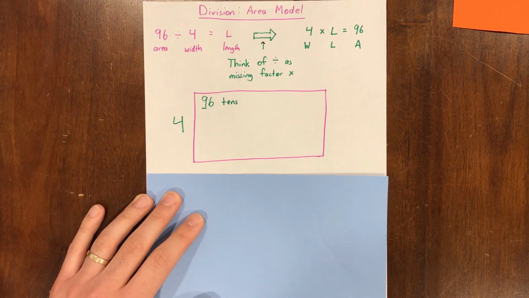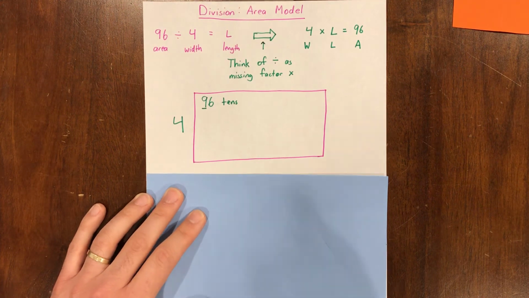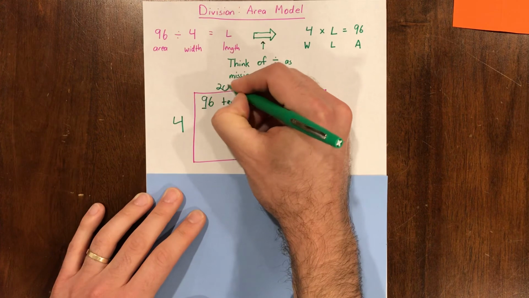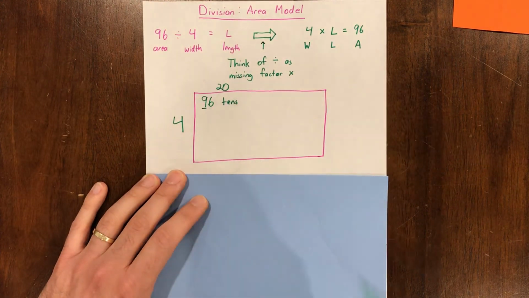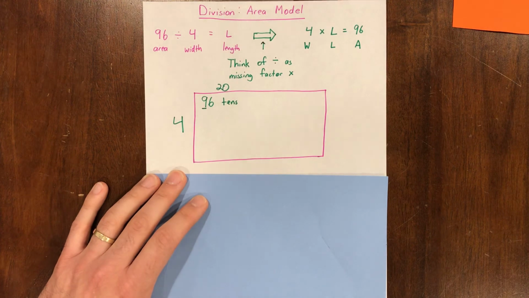Right, 20, because 4 times 20 is 80. 4 times 30 would be 120, that's too much. So I'm going to add 20 here to my unknown side length. And then what should I do to show that 80 of our 96 has been accounted for with that first factor? Say it out loud.